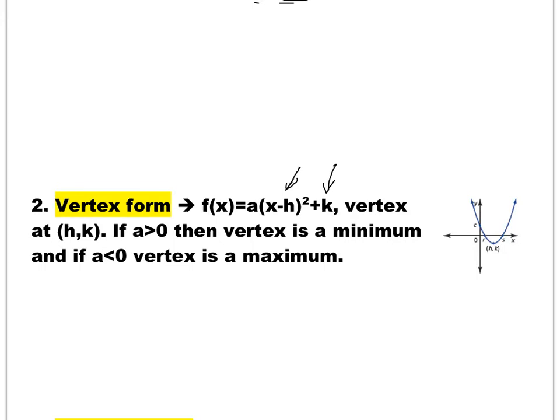Now, if a is greater than 0, the quadratic opens upward, so the vertex is a minimum. And if a is negative, the quadratic is going to open downward, so the vertex, which is this point, is going to be a maximum.